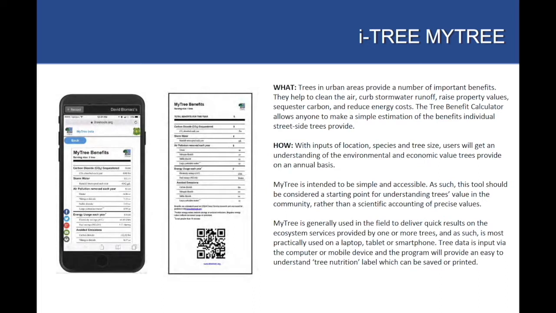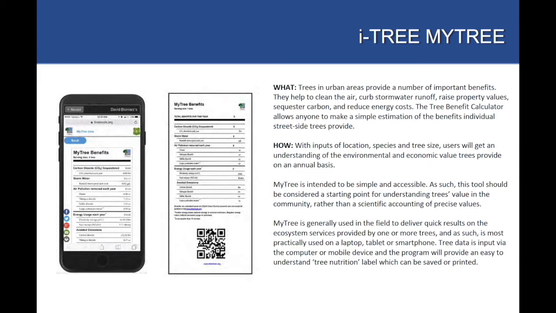iTree MyTree is the program, and I put this little booklet together for you. There's the what and how on each one. So what is MyTree? This looks at how we can calculate the air improvements, stormwater runoff, property values, sequestering and storing carbon, and reducing energy costs.